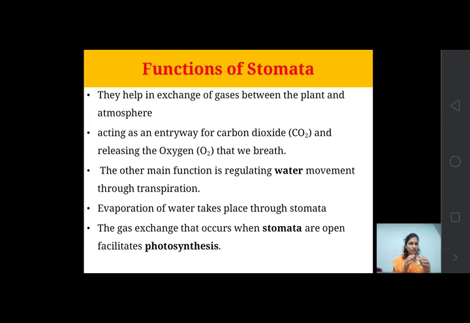Up to this we have finished our protective tissue system, and this unit is over now. Under these protective tissue systems we have studied the epidermal tissue system.